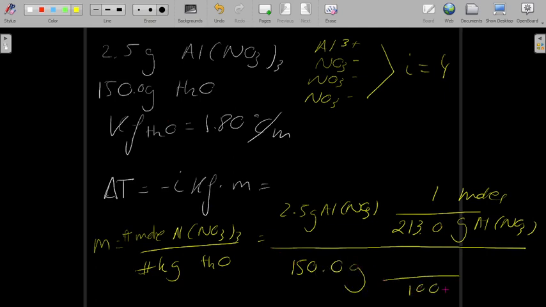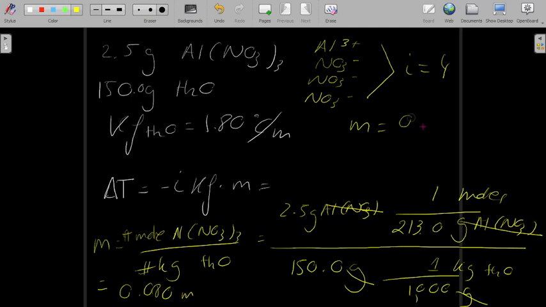I know 1,000 grams are in 1 kilogram of water. So the grams are gone, and you're going to be left with moles of the solute divided by the kilograms of the solvent, which gives you molality. So do the math, put everything in the calculator, and your molality comes up to 0.080 molality. I'm going to put it up here so I have all the information together. Am I done?